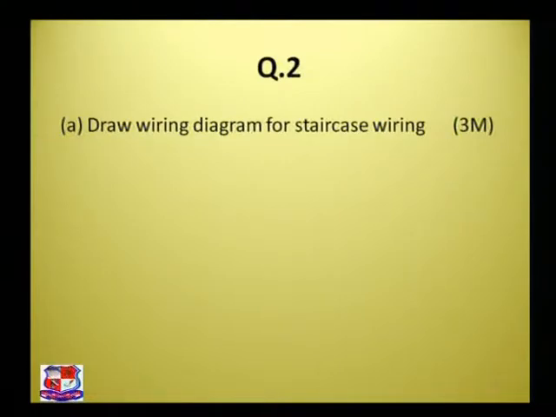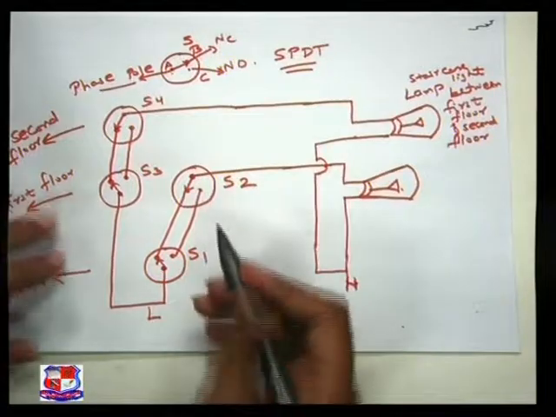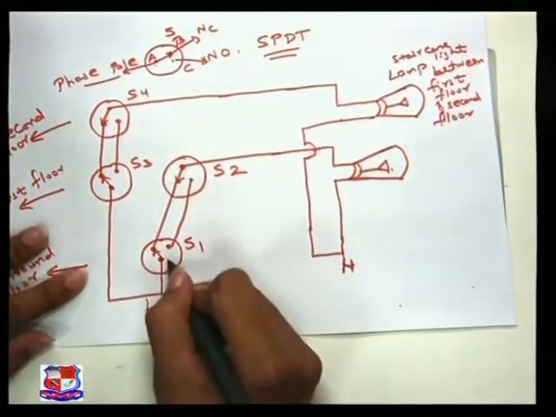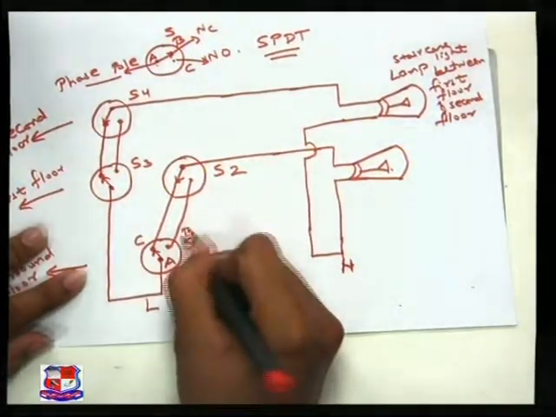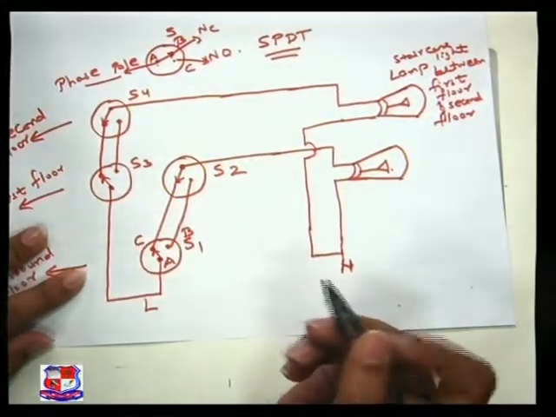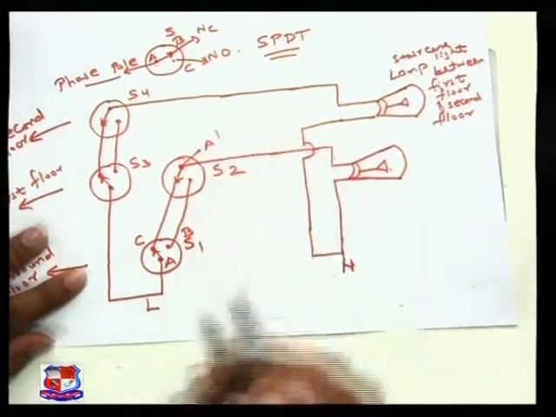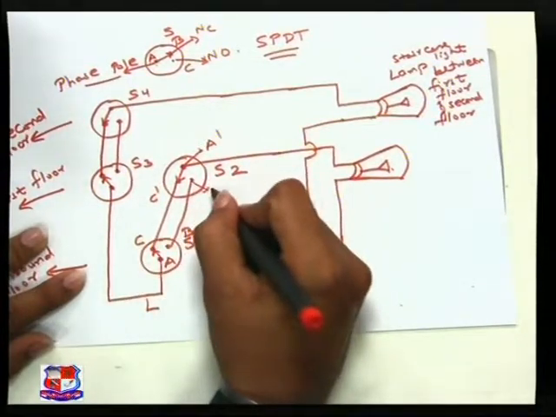But if the same question is asked for 7 marks, it is advisable to draw this figure and also explain how this circuit is going to work. So pole 1 I am writing as A, here C, and this I am naming as B. Similarly here, this one I am writing as A dash, this C dash, and this B dash.